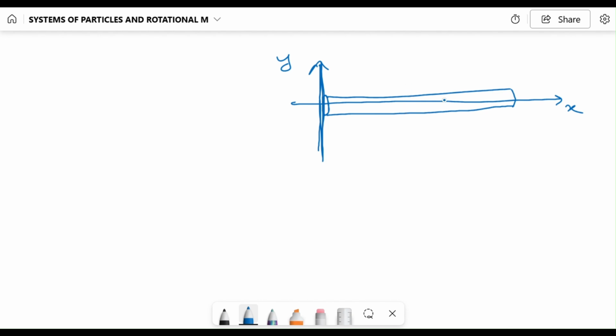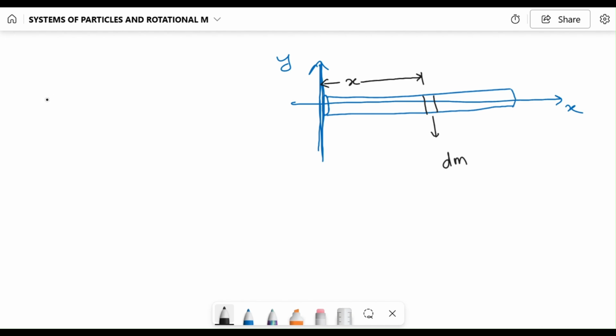So what we can do is consider a very small, infinitesimally small element here, and let's say this mass is a small mass, dm, and its location is here at x. We will have such elemental masses spread all over this length.